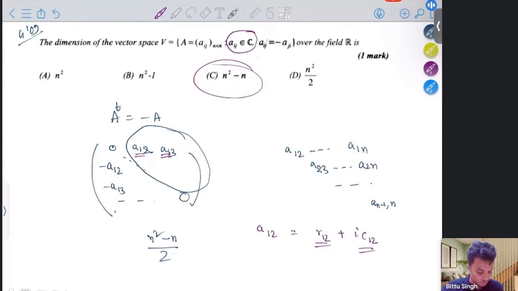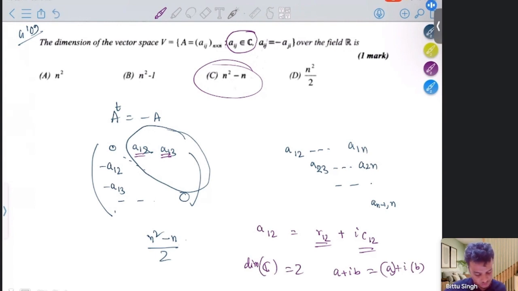So it is not actually n square, though there are (n square minus n) by 2 entries, but since we are working over the real field, the complex field C has dimension 2, because any vector a plus ib can be written as a linear combination of those two vectors, a and i times b.